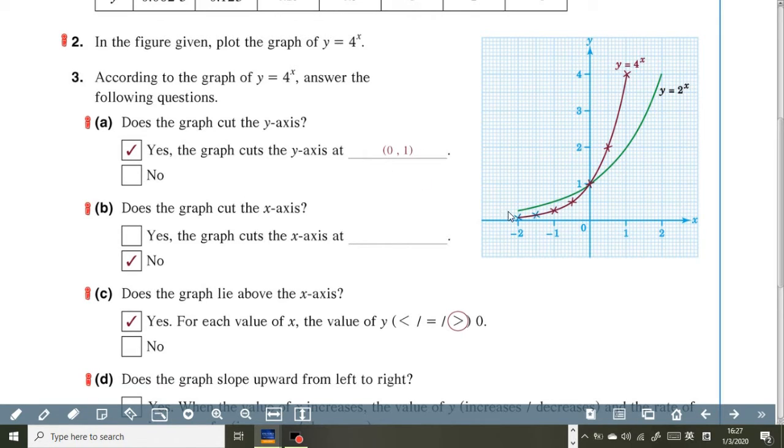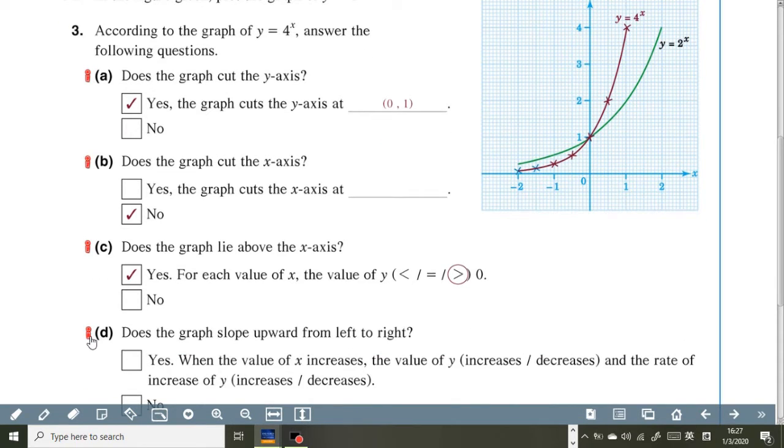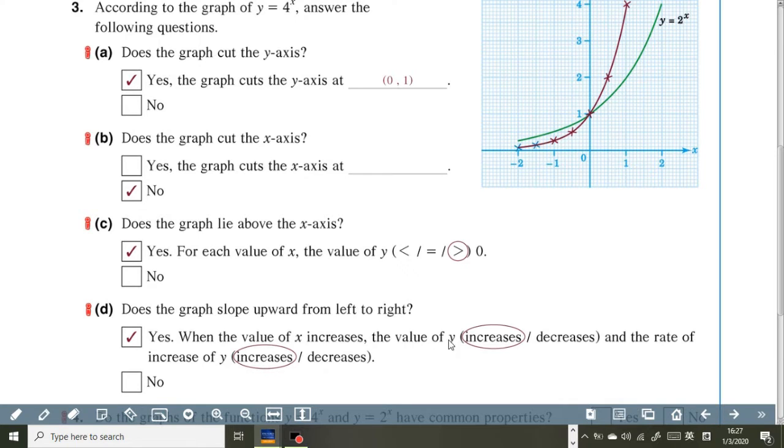Also, we want to find the trace of the graph. In the previous one, we say that it is increasing, and we say the slope goes upward from left to right. And this also appears for the exponential graph for part D. So we say when the value of x increases, the value of y increases, and the rate of increase of y also increases.